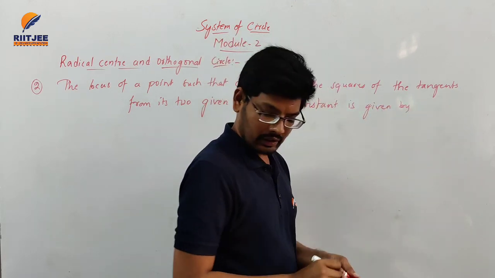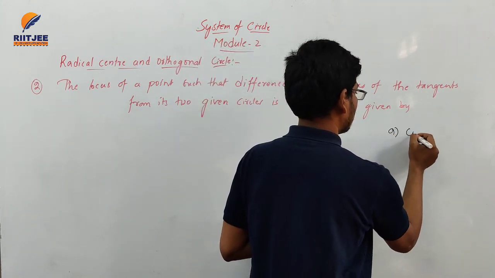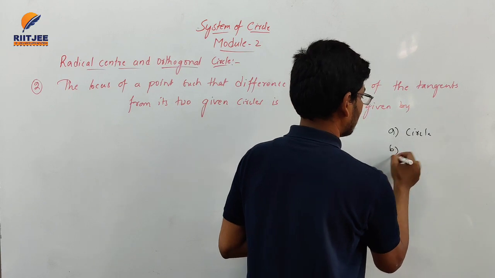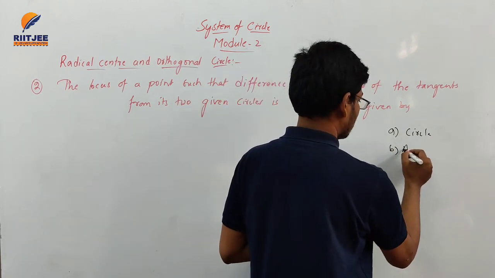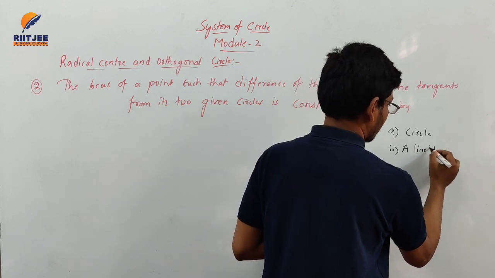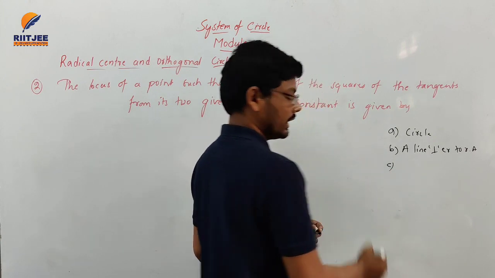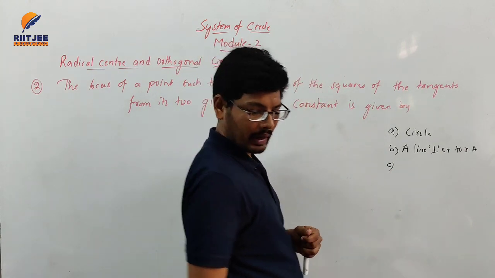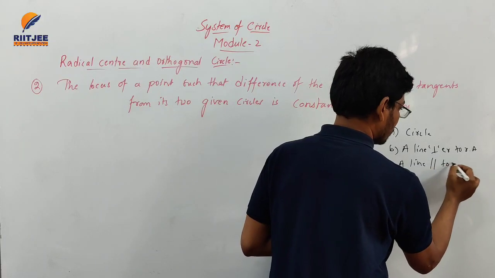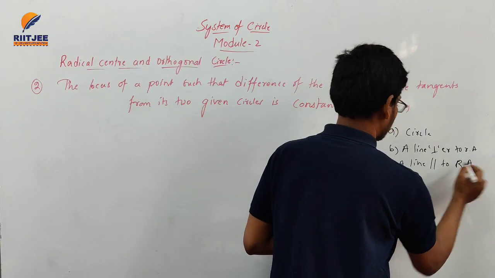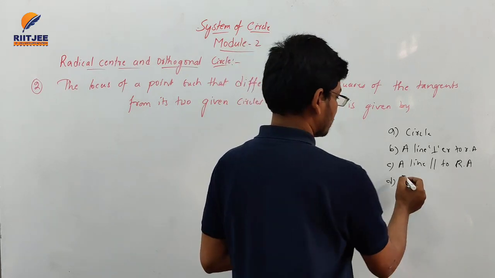Here we need options for this question. The first is a circle, the second is a line perpendicular to the radical axis, the third is a line parallel to the radical axis, and the fourth is a pair of straight lines.